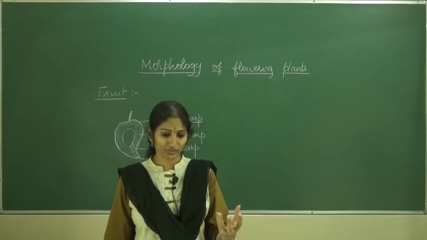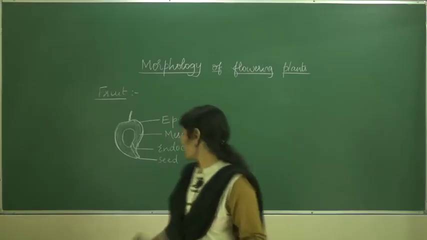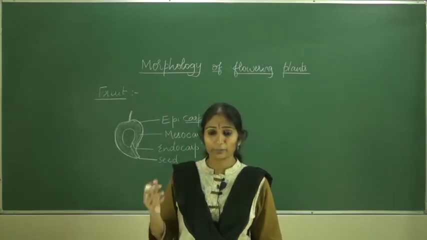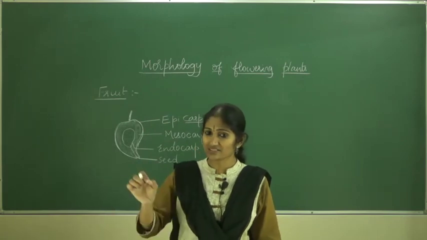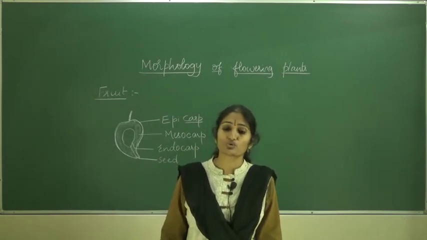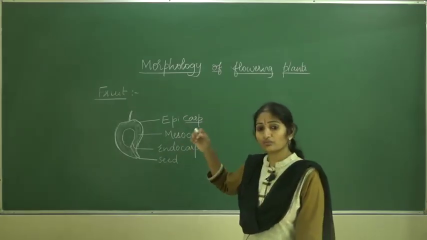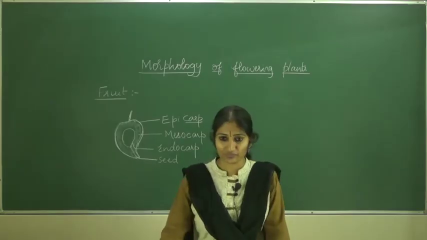Now suppose you have a pomegranate, you will see a similar outer layer, middle layer, inner layer, and then inside you will see seeds. Depending on what kind of flower it is, you will see the presence of so many seeds. In mango it is a monocarpellary flower, therefore you will see one seed like this, right?